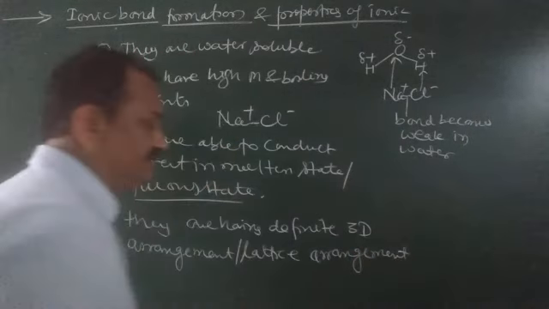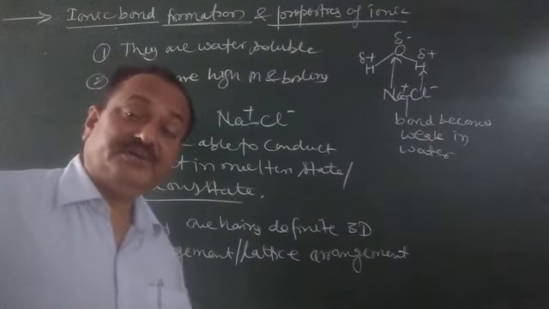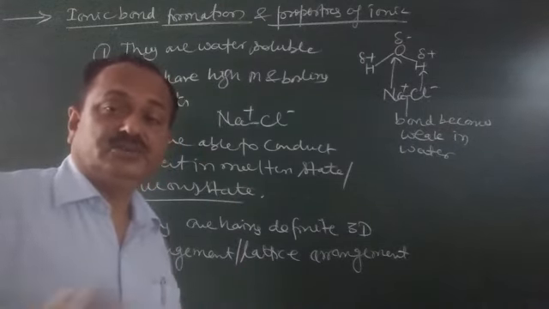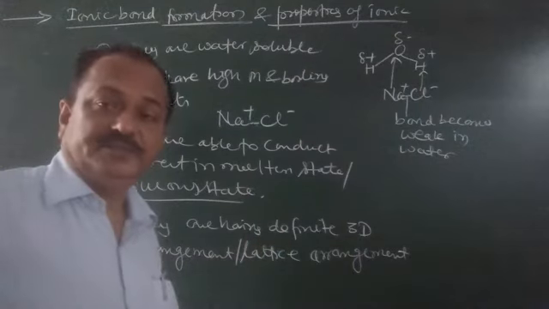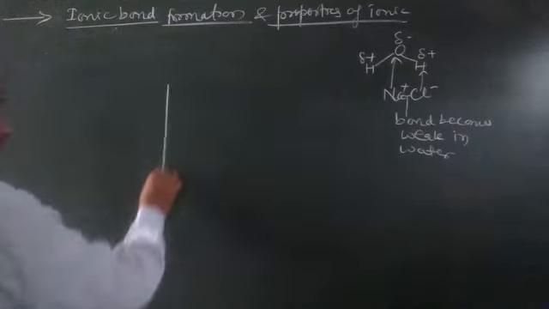Lattice arrangement means a perfect three-dimensional arrangement, and as a result, the ionic compounds have that property. See how. Now, the lattice is like this.